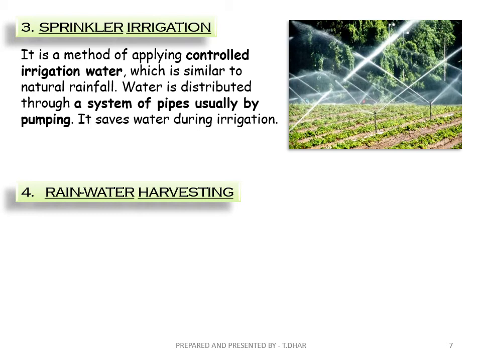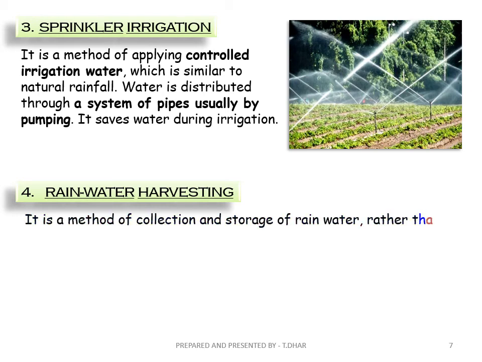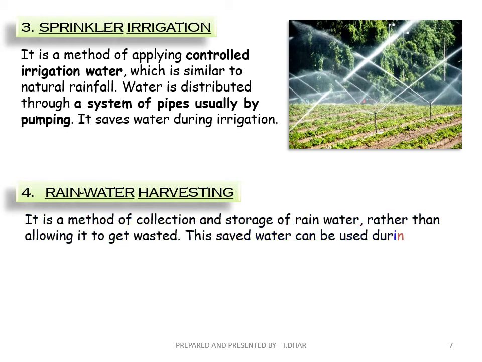The next method of water conservation is rainwater harvesting. What is rainwater harvesting? It is a method of collection and storage of rainwater rather than allowing it to get wasted. This saved water can be used during dry seasons.